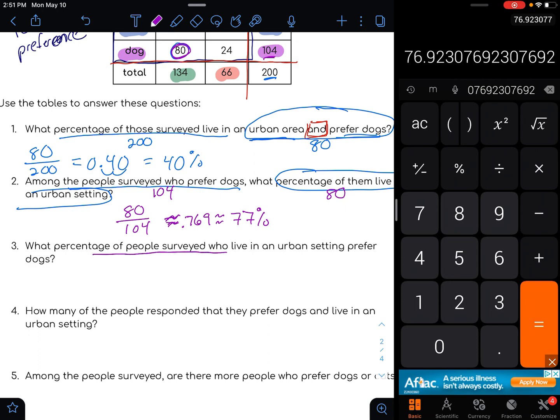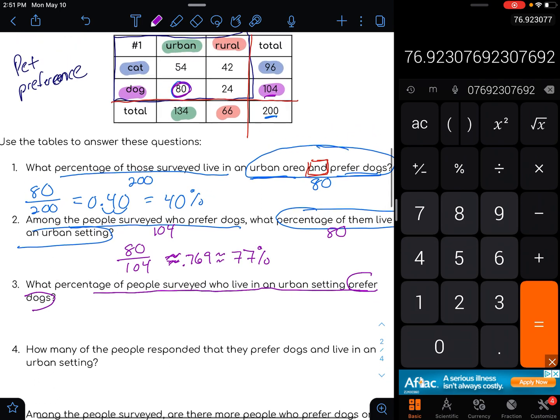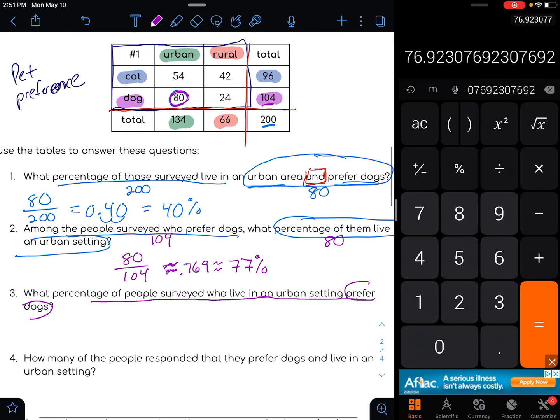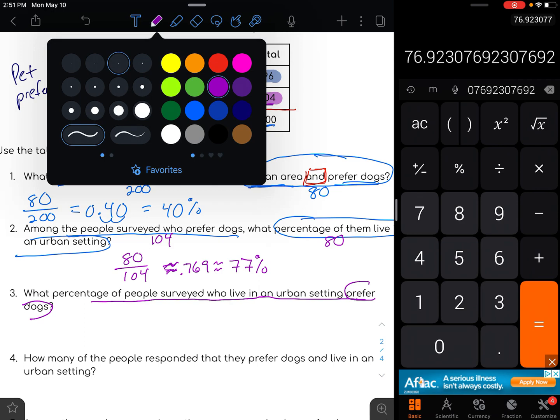So percentage of people surveyed who live in an urban setting, that's who we're taking it from. And then how many of those people prefer dogs? All right, so let's look at that first part that we underlined. That's what we're taking it from. So people surveyed that live in an urban setting, so that's that green number.